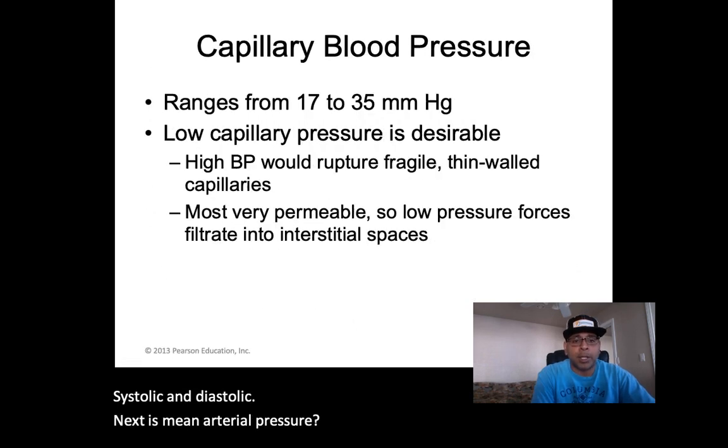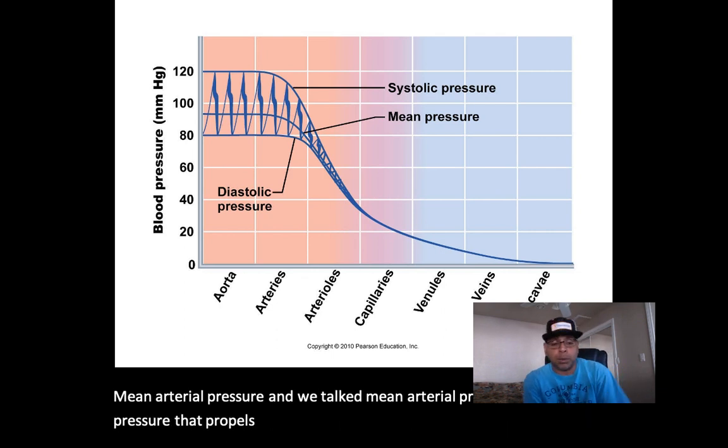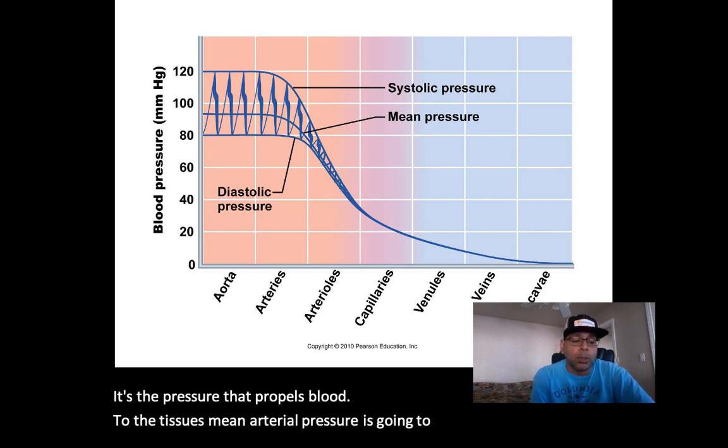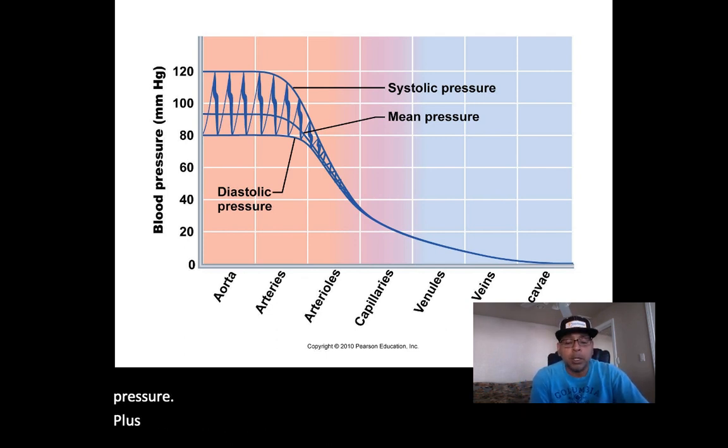Next is mean arterial pressure. Mean arterial pressure, or MAP, is the pressure that propels blood to the tissues. Mean arterial pressure is going to be equal to diastolic pressure plus pulse pressure divided by 3.